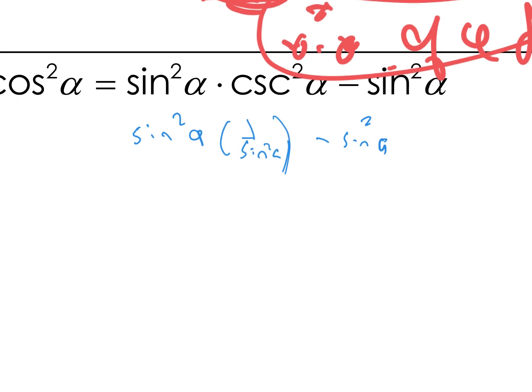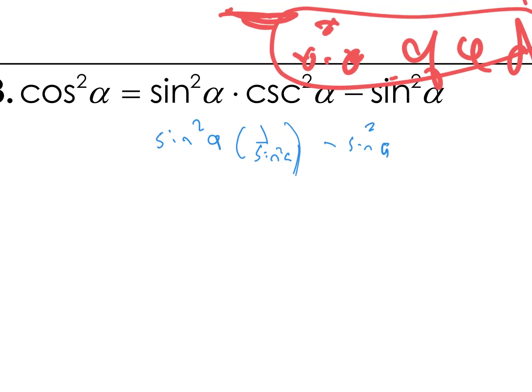So do you see anything that jumps out at you that's gone? Because there's really a sine squared over 1 times 1 over sine squared. What cancels? It will just become 1. It all becomes a 1 because the sine squared cancels out the sine squared. So now I'm left with a 1 times 1, 1 times 1, 1 minus sine squared A. Oh, we already had this a minute ago.